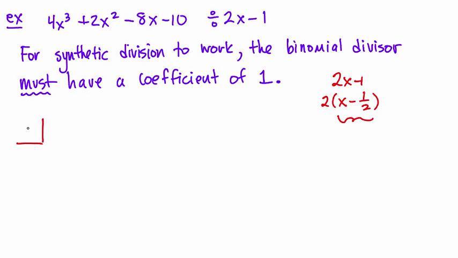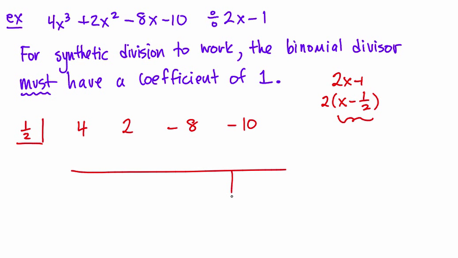Well, 1/2 is my root, and I'll put the coefficients down, 4, 2, minus 8, minus 10, and add, multiply, add, multiply, add, multiply, add. And so what I've done now is taken my original question, I've divided by 2x minus 1, but I've only divided by the x minus 1/2 of 2x minus 1.